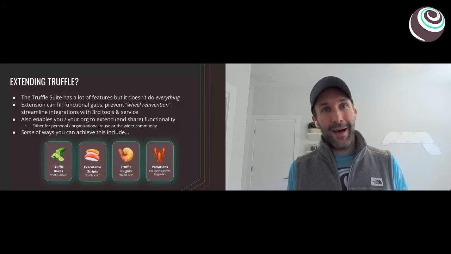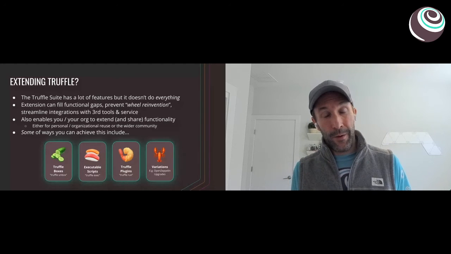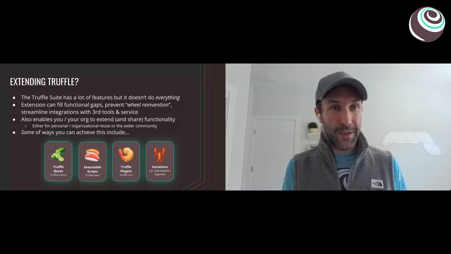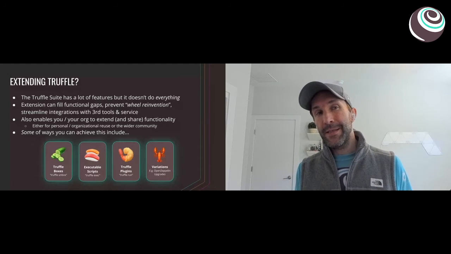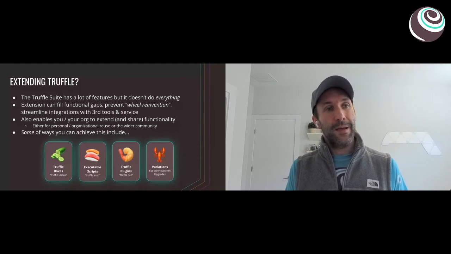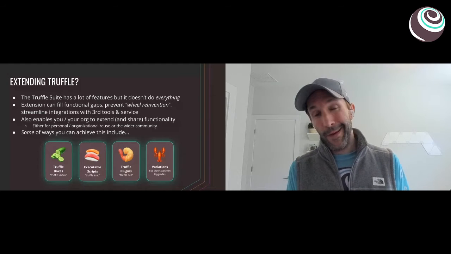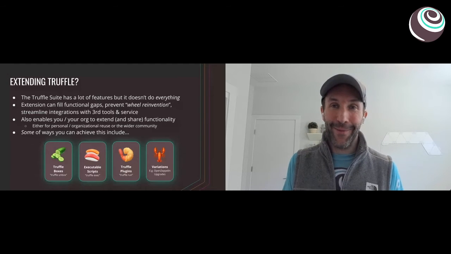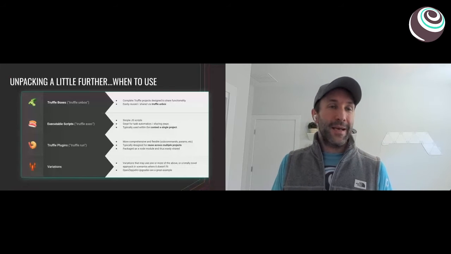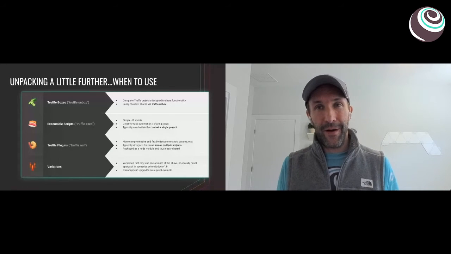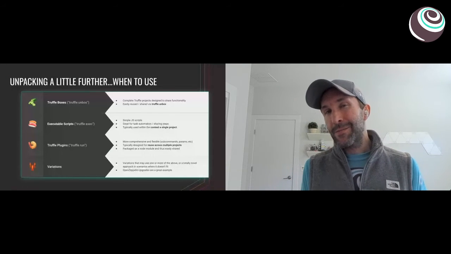So let's unpack that a little bit further, and also explore when you might use one versus another. The first one is Truffle boxes. These are complete projects, typically packaged as a GitHub repository. The emphasis is on sharing functionality with, in most cases, the community.